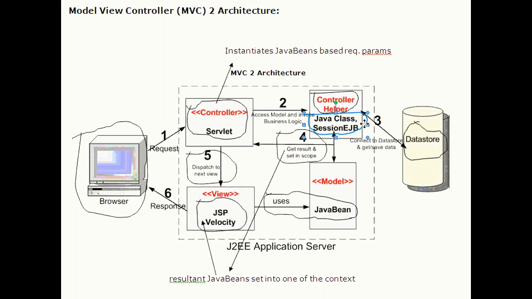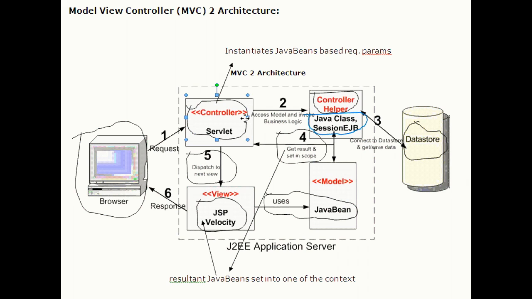After instantiating the Java Bean component, the controller servlet will communicate with the database through its controller helper class. After getting the information from the database, the controller helper class will update your Java Bean component with the information.